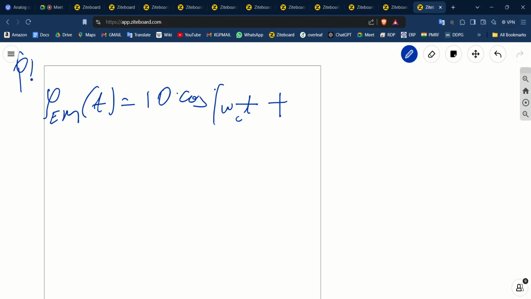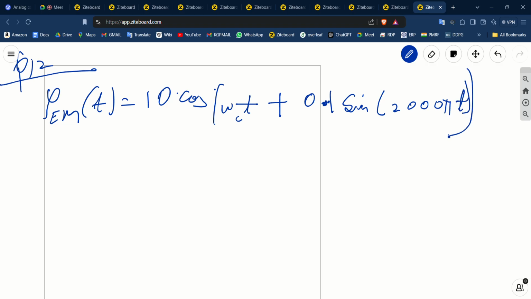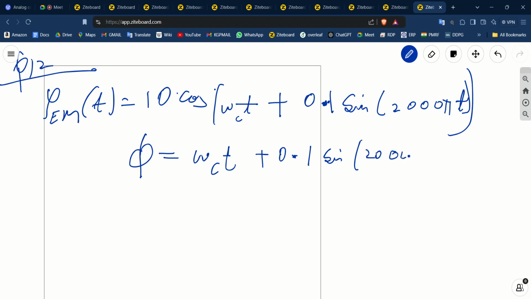This is question 12. So phi is this, omega ct plus 0.1 sine 2000 pi t.